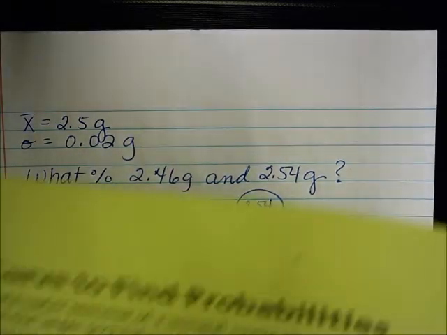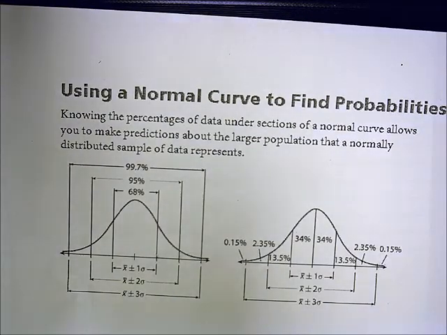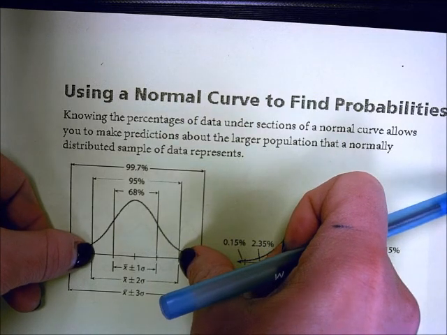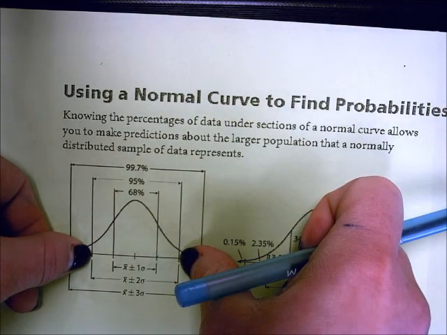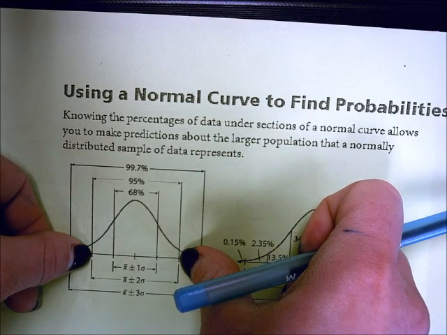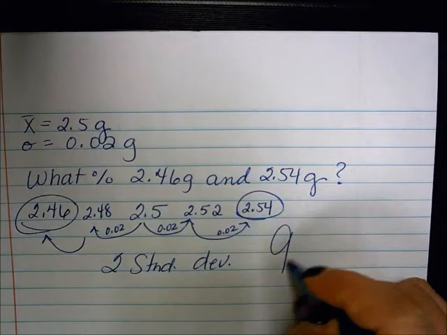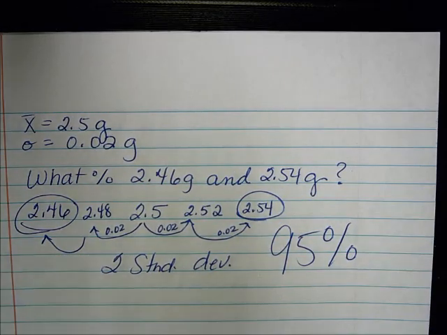So you go back to your chart and you take a look. 2 standard deviations away, what percent should fall, if it's a normal distribution, between those 2 numbers? It should be 95%. Now that's an estimate, it's a prediction.